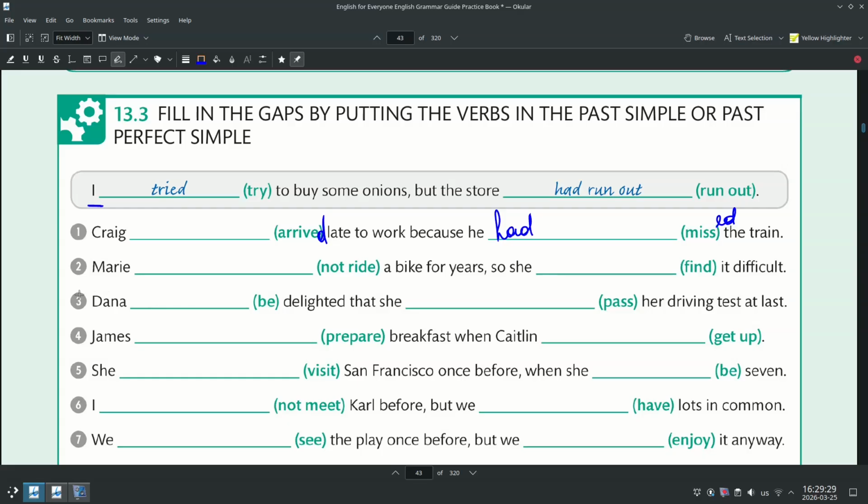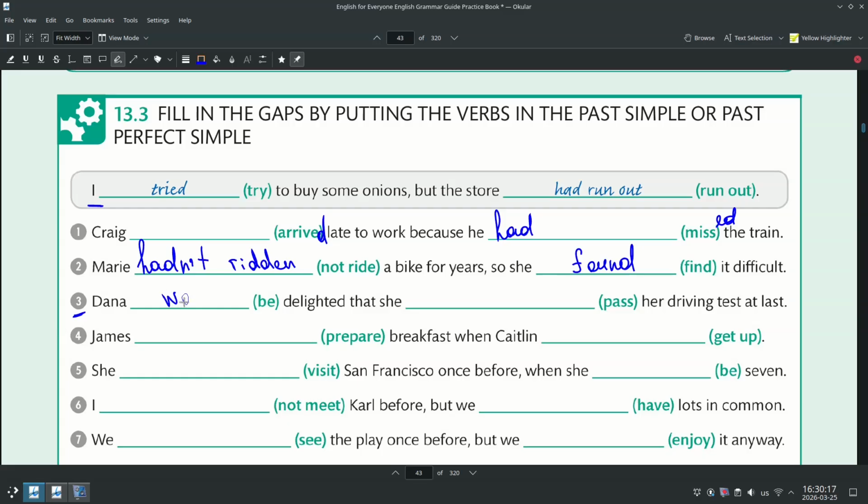Marie, a bike for years, so it difficult. Marie hadn't ridden a bike for years, so she found it difficult. Number 3. Dana delighted that she passed her driving test at last.